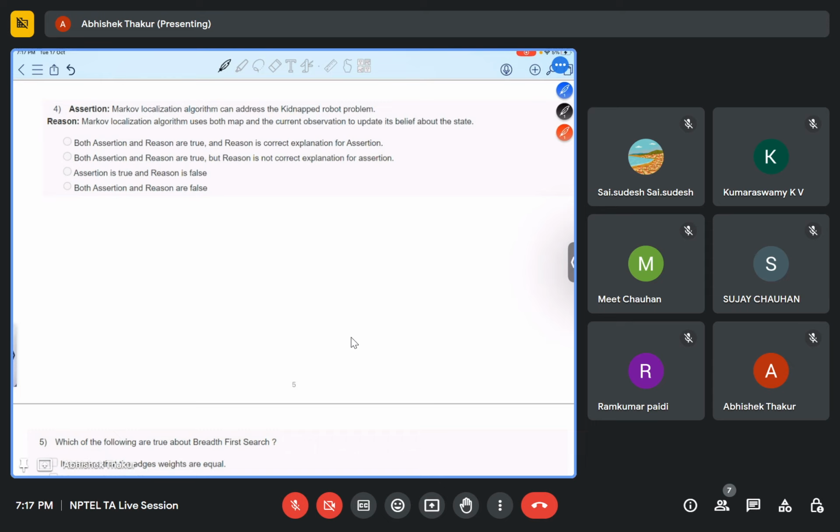So the input given, like the variables which are needed by Markov localization, in the algorithm we can see, it requires belief of x t minus 1, then the current action that is ut, zt is the current measurement, and m is the map information. After that, it estimates where the robot will be. So it requires the map information to estimate the robot position.